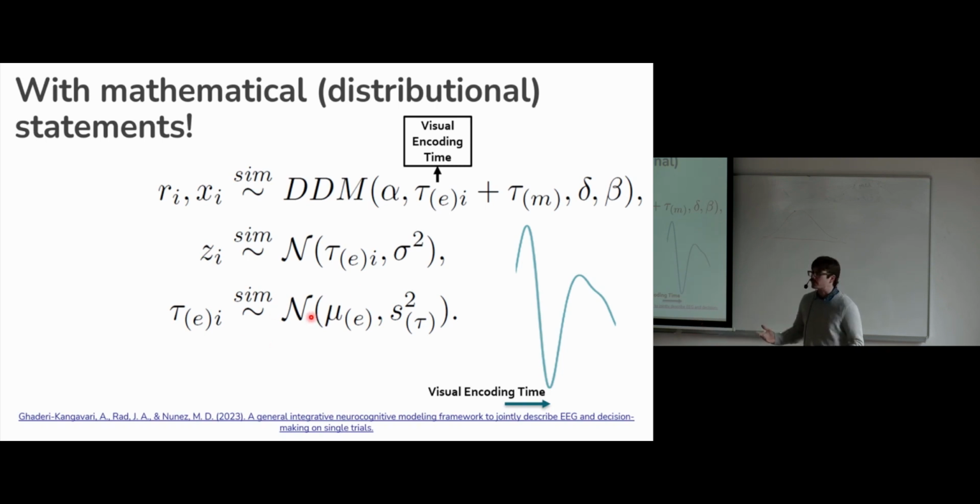I assume it's from a normal distribution. But a key here is that there's some variance related to cognition or some variance in visual encoding time. That's this S squared here. And this variance is part of the variance in my N200 response. And the other part of variance is just all other variance.